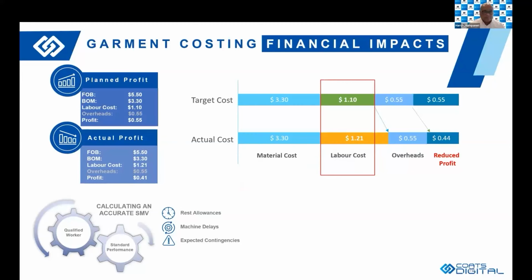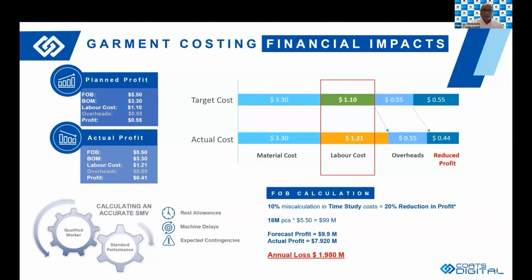And how does that have an impact on the bottom line? You calculated the profit at 18 million pieces at $5.5 is 99 million, 10% forecasted profit at 9.9 million, but then the actual profit is 7.92, and there's an annual loss of 1.98.